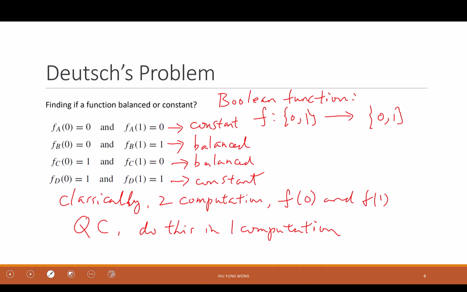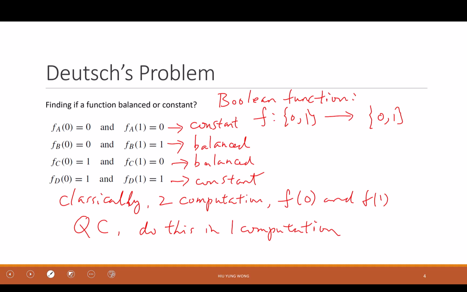What do you need to do if it's classical computing? I give you a function. You want to check whether it's balanced or constant. What do you need to do? Just put in all the possible inputs and check all the possible outputs.